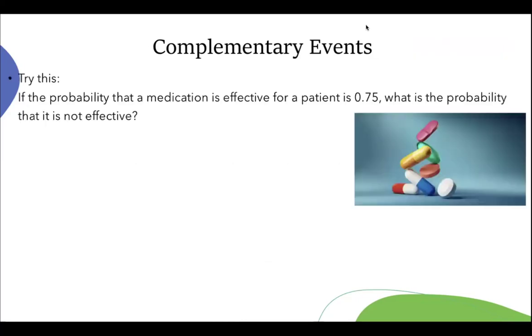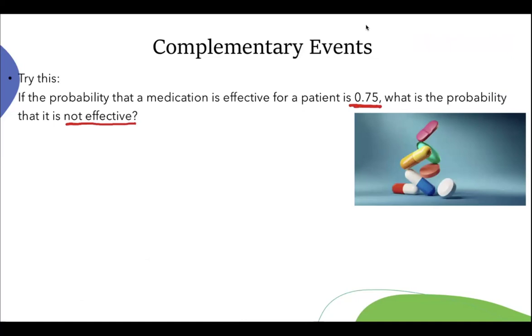More complementary events. If the probability that a medication is effective is 0.75, what's the probability that it's not effective? The probability of something not being effective is the complementary event of it being effective.